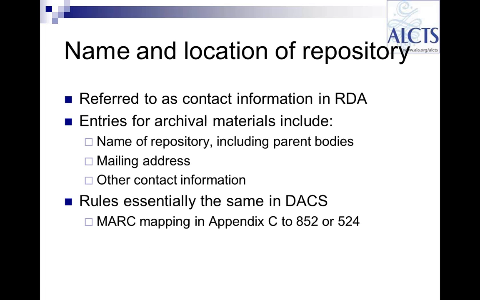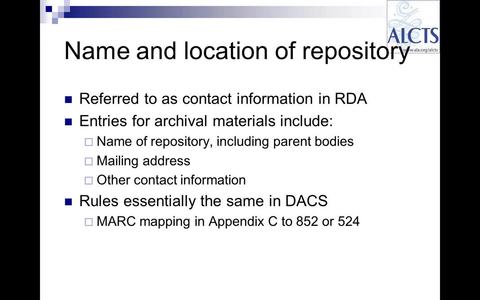Moving into the minimal requirements from DACS, those that are in addition to RDA's core requirements. The first of these is the name and location of the repository. This is included in RDA 4.3, which has guidelines, those guidelines there in the middle of the slide, requiring that the name of the repository, including parent bodies, mailing address, and other contact information be recorded.